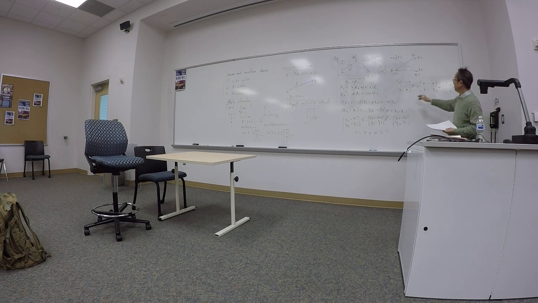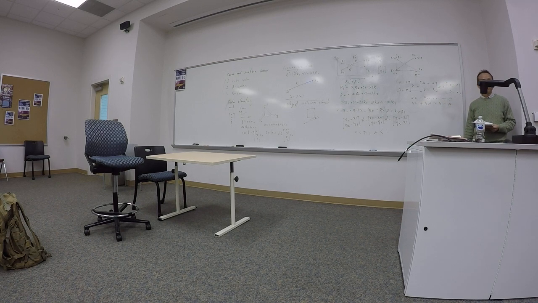Okay, how to solve it? 4 lambda minus 4 mu is equal to 0. That's the first equation. The second equation is 3 lambda plus 3 mu is equal to 3. How do I solve it?